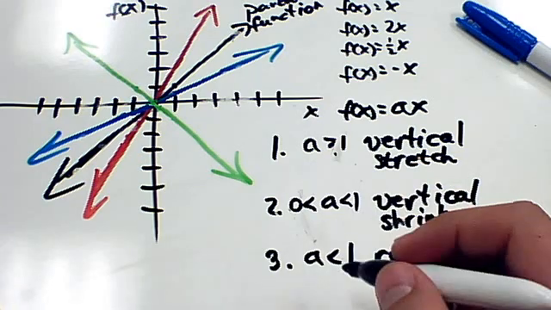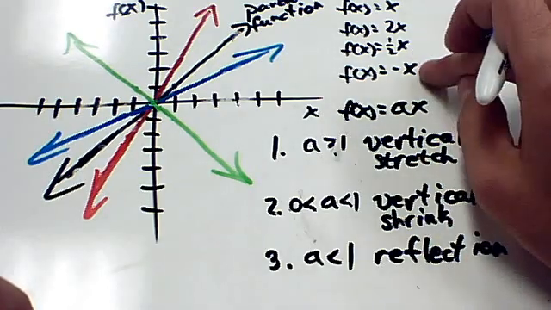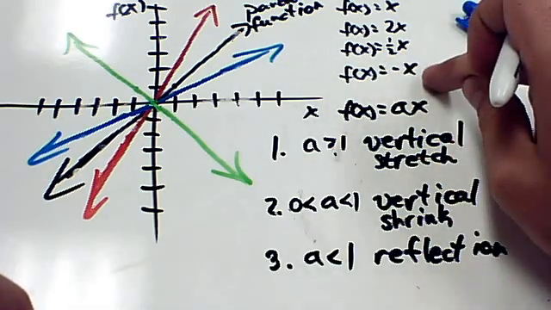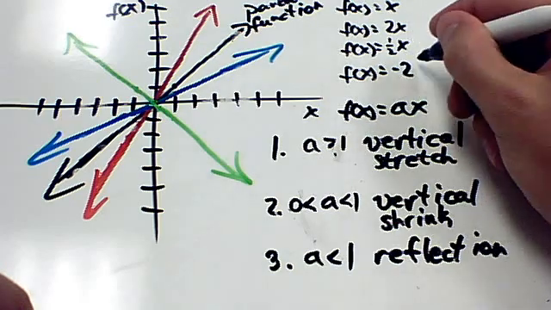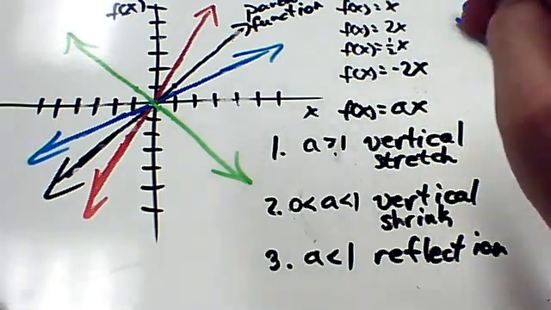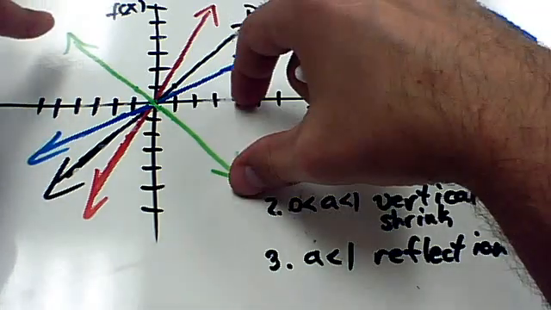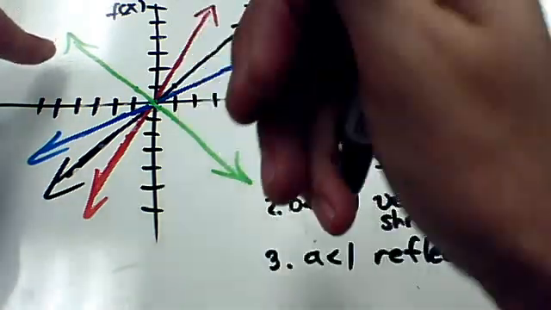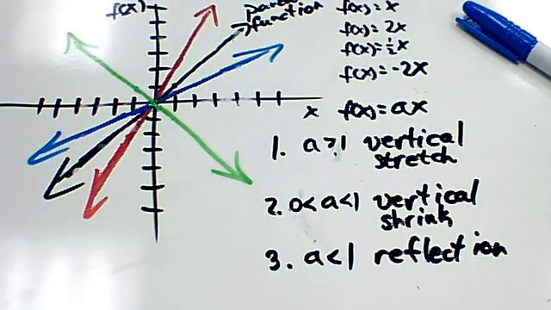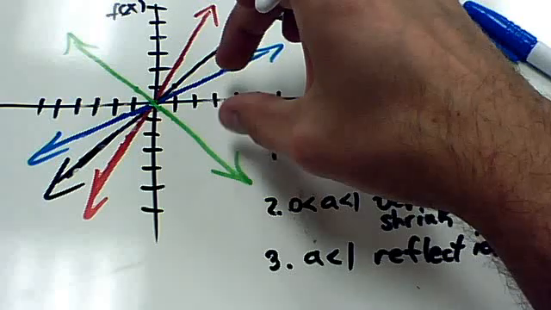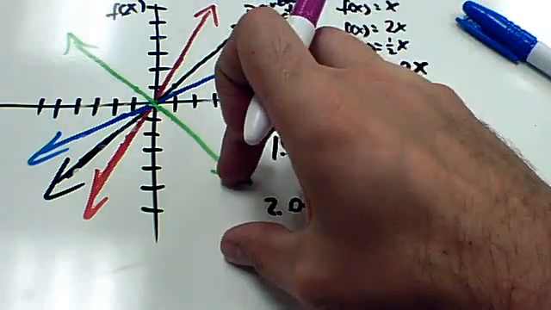If I changed this function right here, instead of negative x, to negative 2x, then it would end up reflecting, and this height would double. So I would get a function that looks like, I'll do this one in purple. This reflects and the height would double.